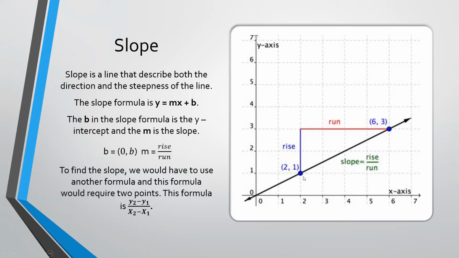Other than that, there is another way. You can use rise over run. You can just go up 2, then move over 4. So these are 2 ways you can use to find the slope.